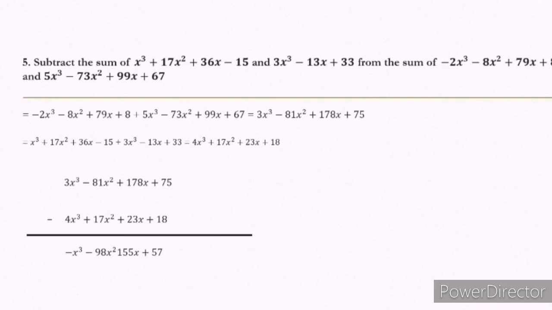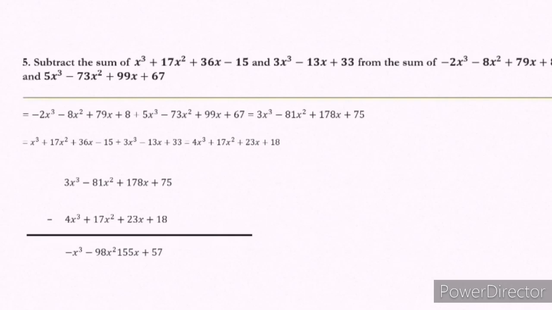Then we subtract the sum. The sum is 3x cubed minus 81x squared plus 178x plus 75. Then 4x cubed plus 17x squared plus 23x plus 18. 3x cubed minus 4x cubed is equal to negative x cubed.